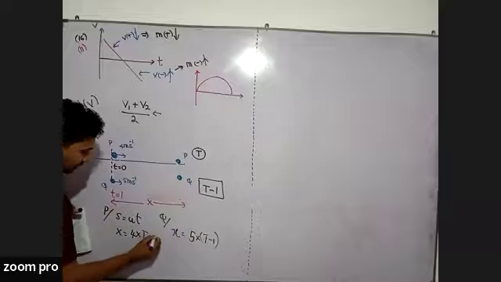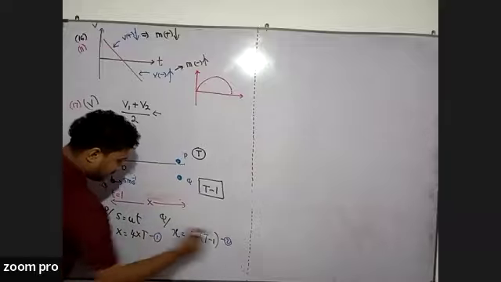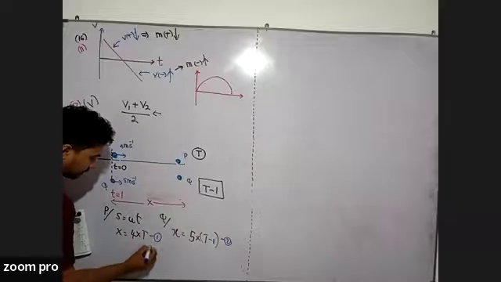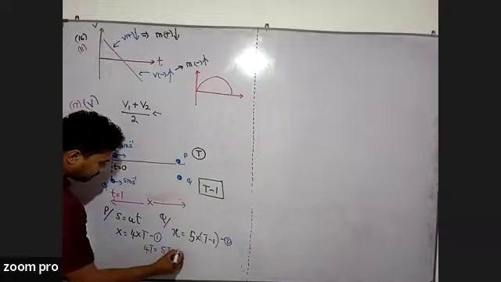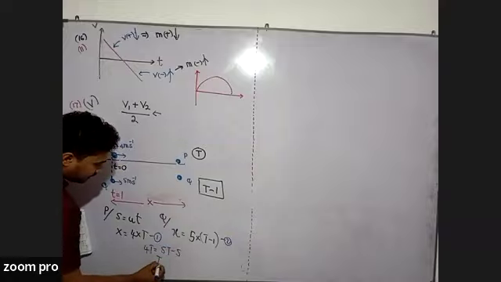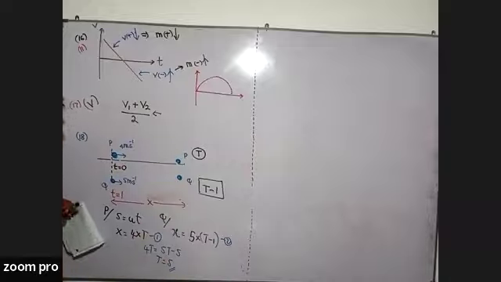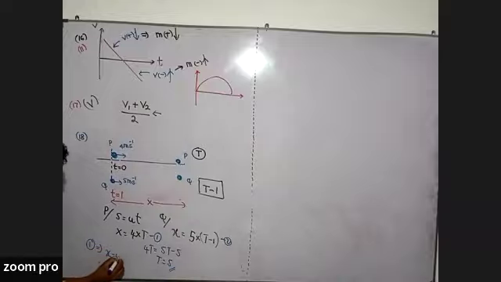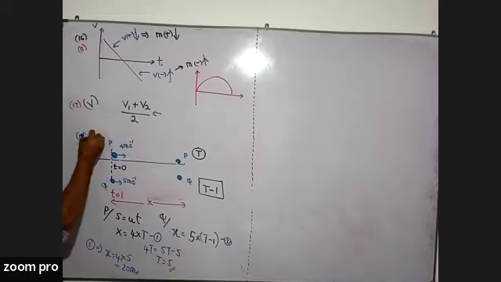Both these equations are equal to each other, so we can equate them. Then T equals 5. Then x should be 4 into 5, that means 20 meters. So our answer should be the third one.